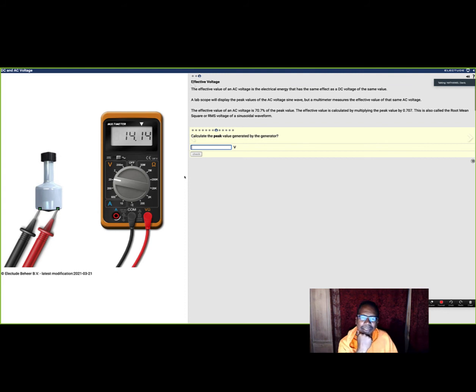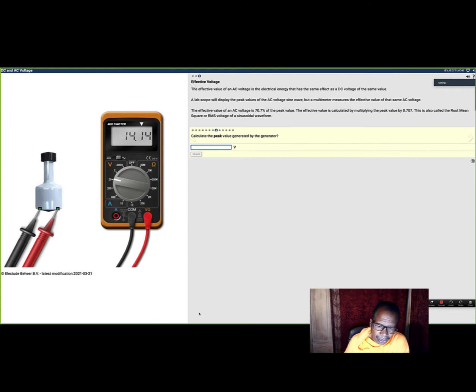Next one. Calculate the peak value generated by the generator. So now we have to use our formula here. I'm using the calculator here. 14.14. I wish I could bring up the other calculator.